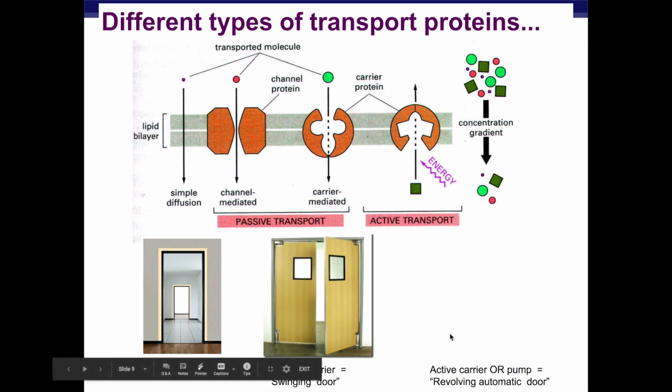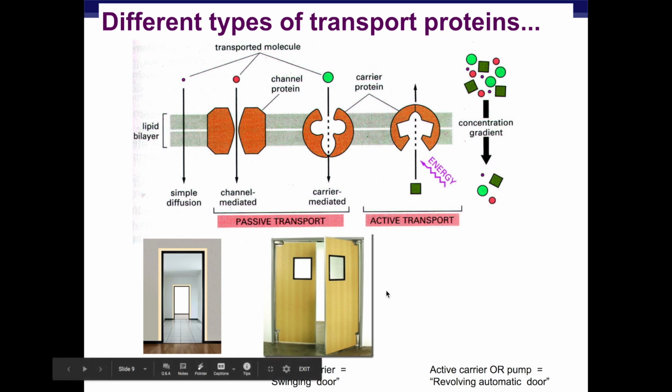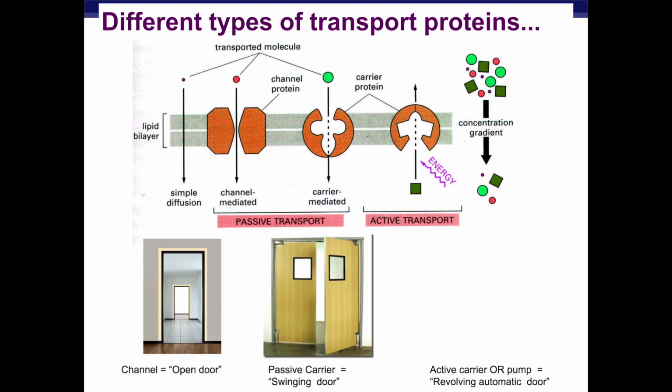Some of you know some doors can only open in one direction versus both directions, and some doors will refuse to give you access if you don't have the right key code. You also know some swinging doors can be active carriers, because they'll only open in one direction and won't let material go in the opposite direction, and they're using energy to force you through.